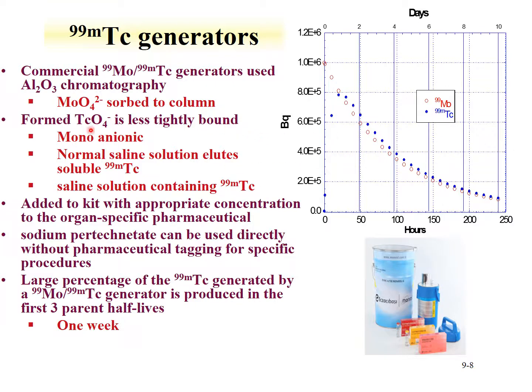So once the molybdenum is sorbed onto a generator, the generator can then be shipped to a hospital. The technetium is eluted in the saline solution, added to a kit with an organic specific radiopharmaceutical, and that compound is then introduced into the patient to achieve some physiological imaging.